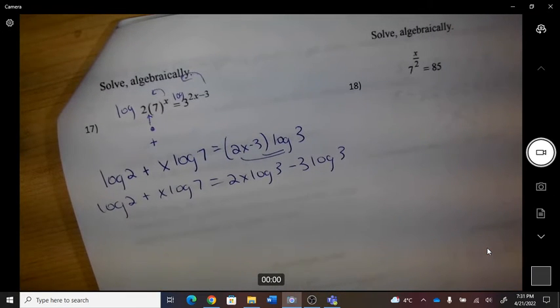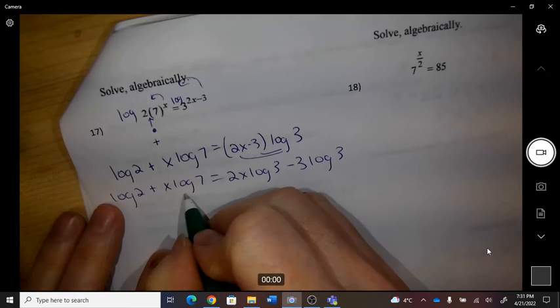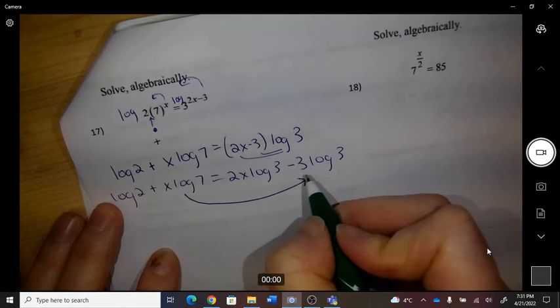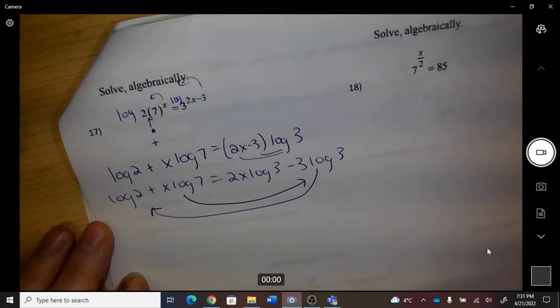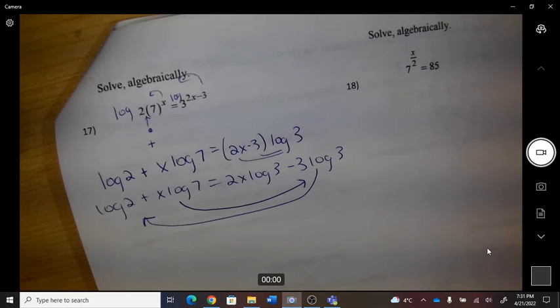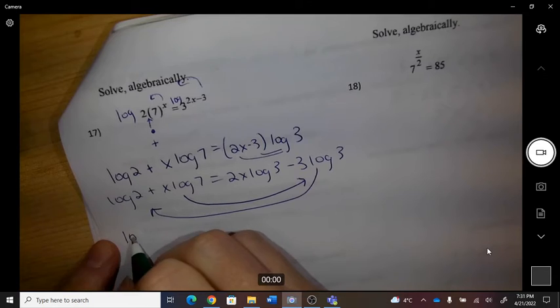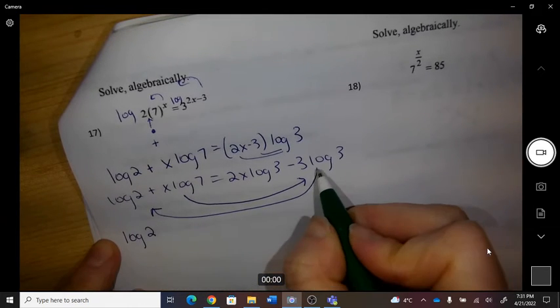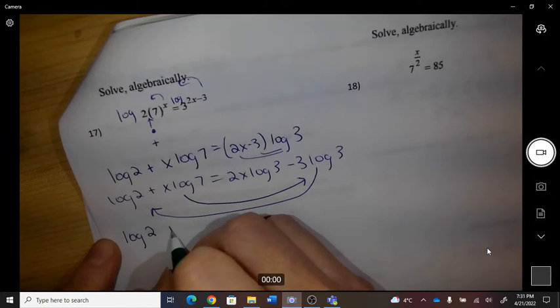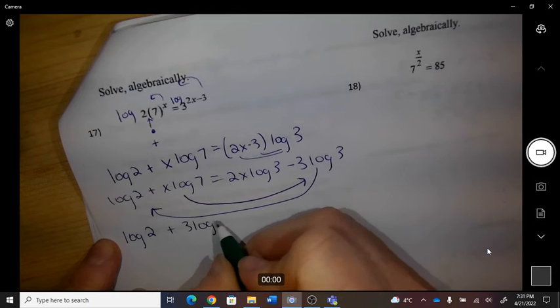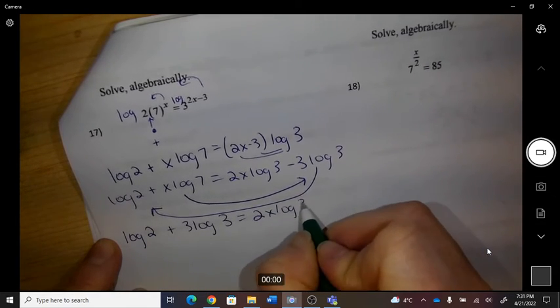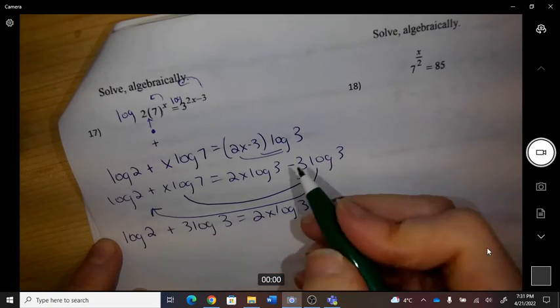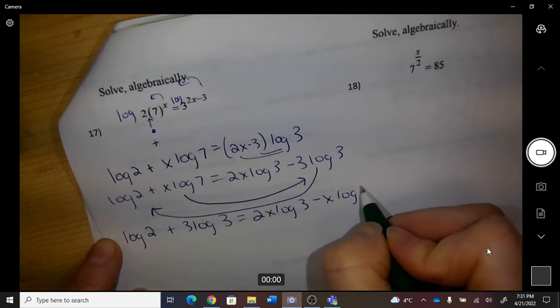Collect anything with x's together, so why don't we move this way? At the same time, I'm going to be moving that way. X stuff one side, non-x stuff the other side. So log 2, I said I was going to stay and then moving that, so plus 3 log 3 equals 2x log 3, and then I said I was going to move that, so minus x log 7.